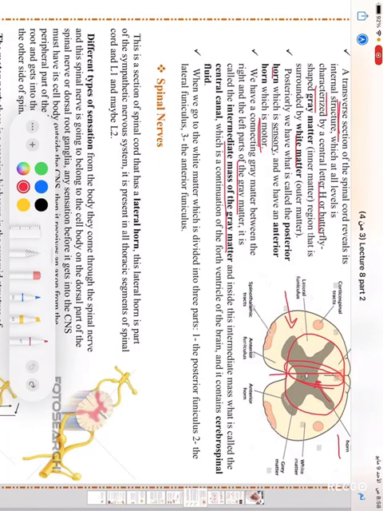Inside this intermediate mass we have a structure called the central canal, which is here. This is the central canal, which is a continuation of the ventricles of the brain, and it contains cerebrospinal fluid.